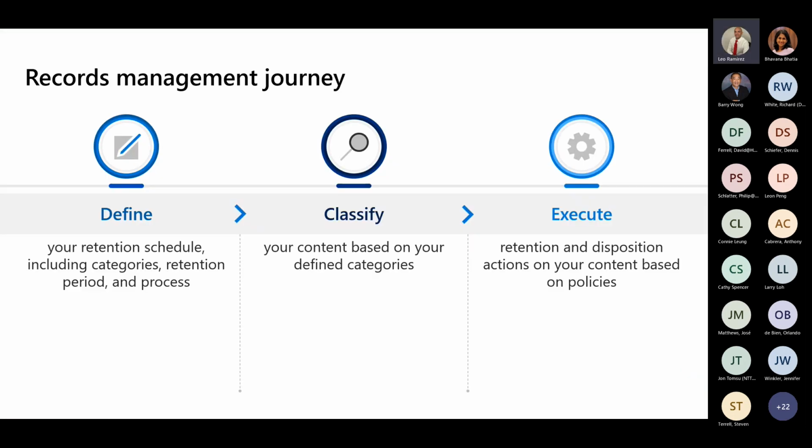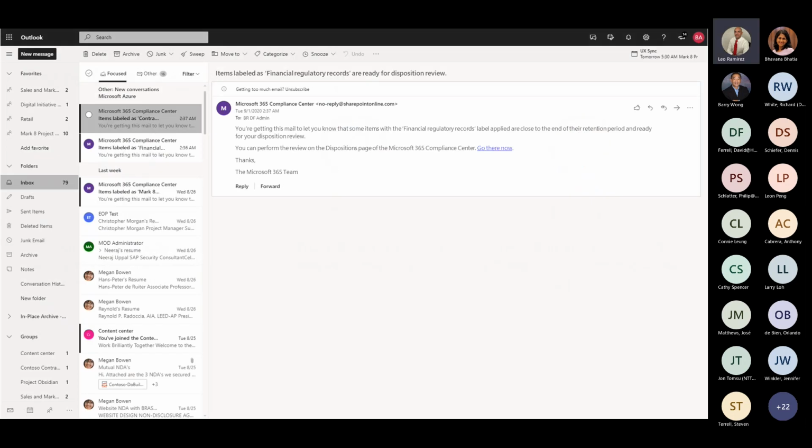So now that we've gone through the steps of defining a retention schedule in categories, as well as classifying content, let's go through the disposition review. So when a user's been assigned as a reviewer for content that's pending disposition, they're going to get an email notification that has a link that's going to take them to the pending disposition dashboard.